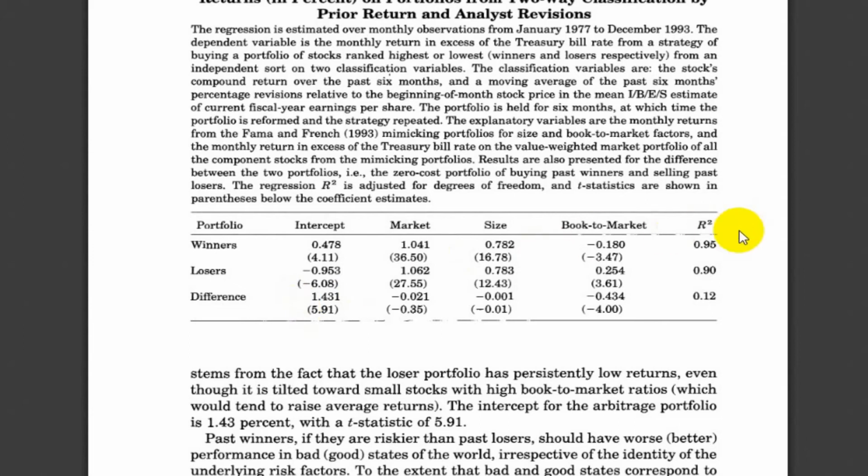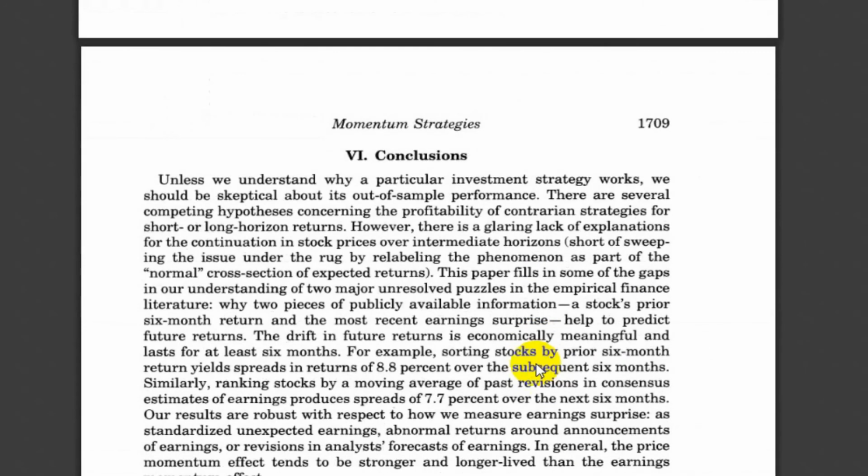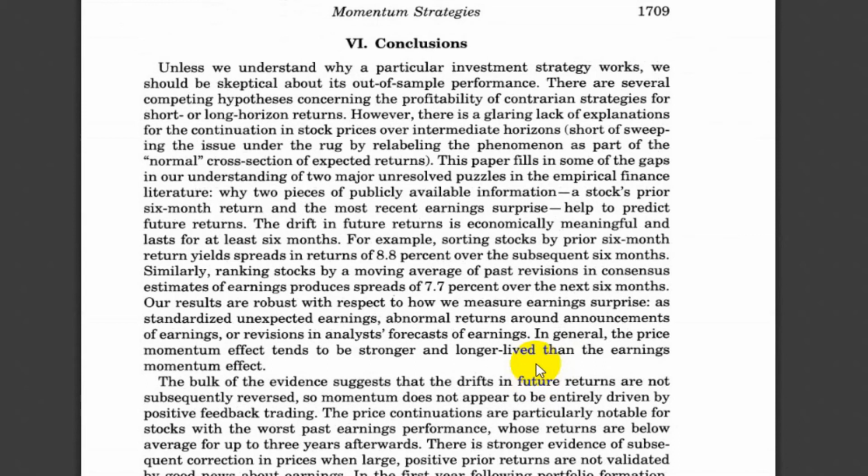And also note the R-squareds of these are very high, so these regressions significantly explain the returns. And we can see that the past 6-month return adds to this explanation, and it's very significant in predicting the excess return. Okay, so let's go down to the conclusion and sum up what we've found.